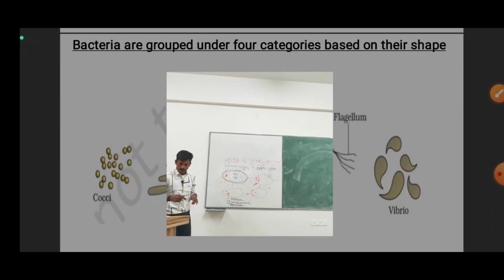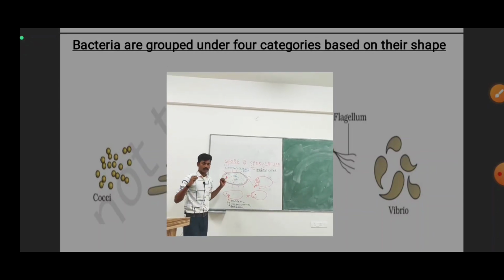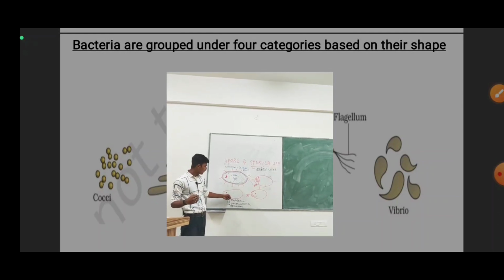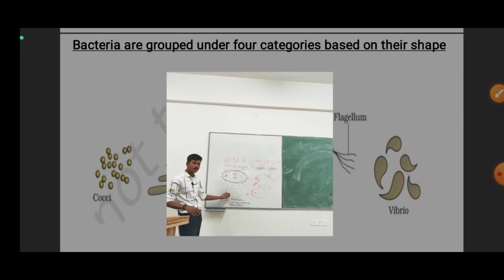And then when favorable situations come, these highly resistant cell walls of spores need to be dissolved. So bacteria secrete a certain kind of enzyme during favorable situations, and the covering of the spores will rupture and the progeny of bacteria will come out, and they will again divide by binary fission.